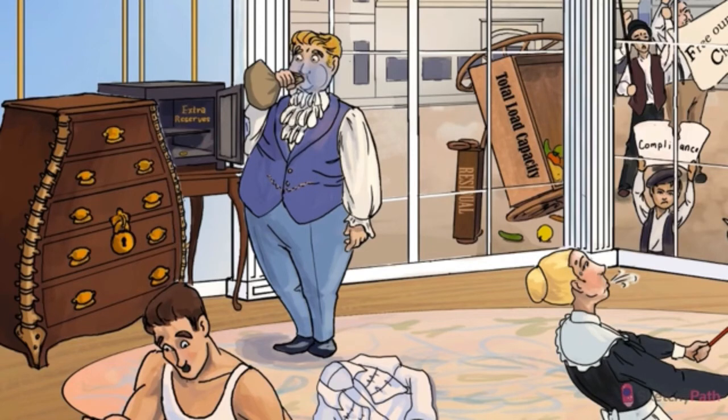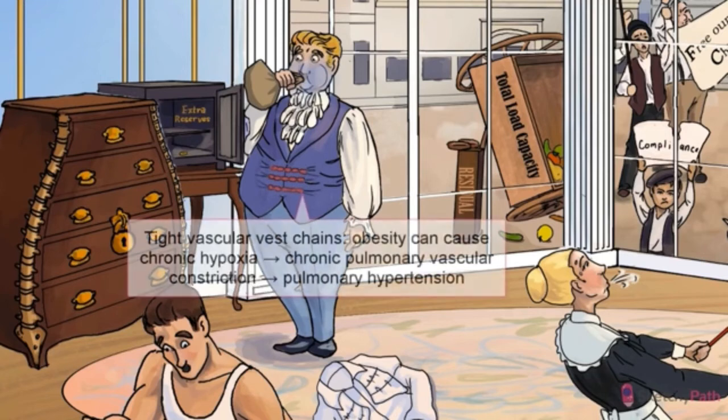We'll get into blood gases in a lot more detail during our hypoxia video. For now, just keep in mind that obese patients can chronically retain CO2, and that goes hand in hand with chronic hypoxemia. Chronic hypoxemia in the lungs causes the pulmonary vasculature to constrict. See how tight those pulmonary vascular chains are, holding his girth together?